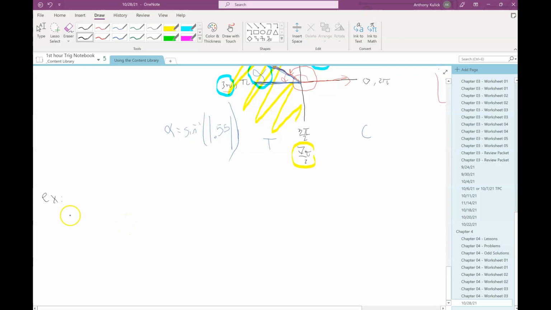All right, let's say we want to do where tangent of theta is 2.50 between 7 pi and 8 pi.